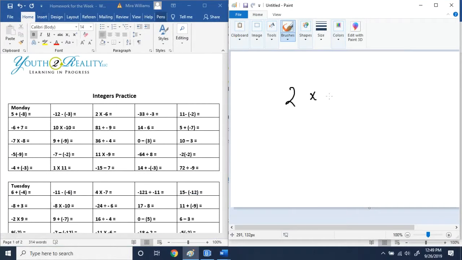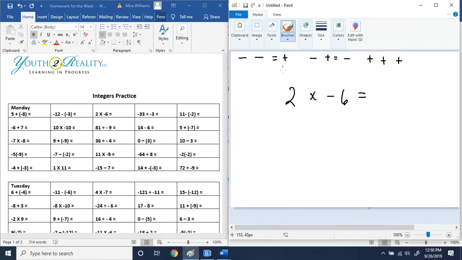Two times negative 6. For our multiplication and division rules, you have a negative and a negative equals a positive. A negative and a positive equals a negative. And a positive and a positive equals a positive.